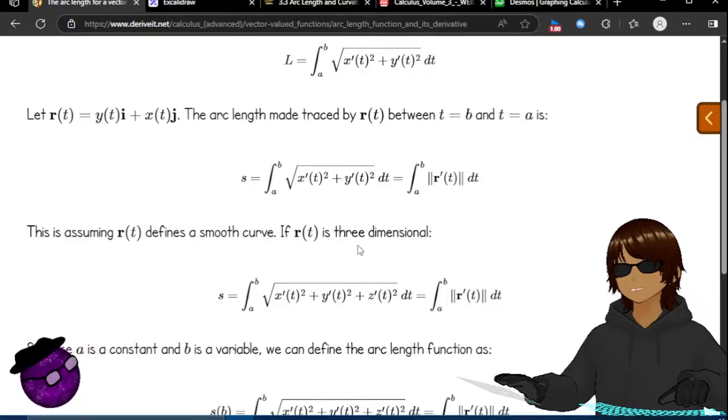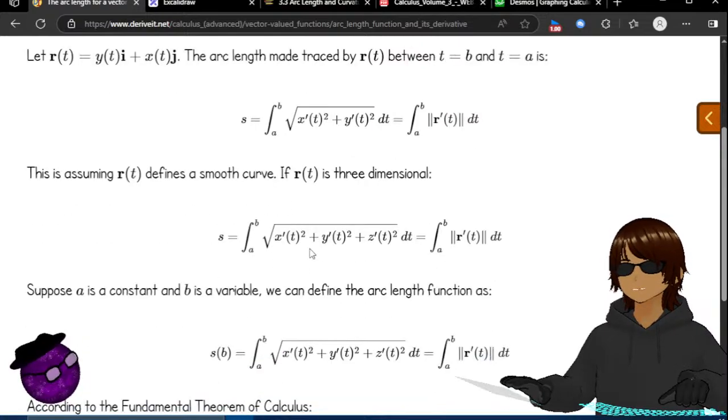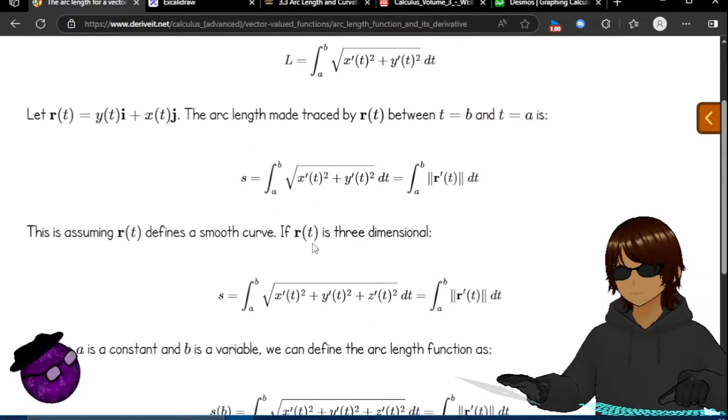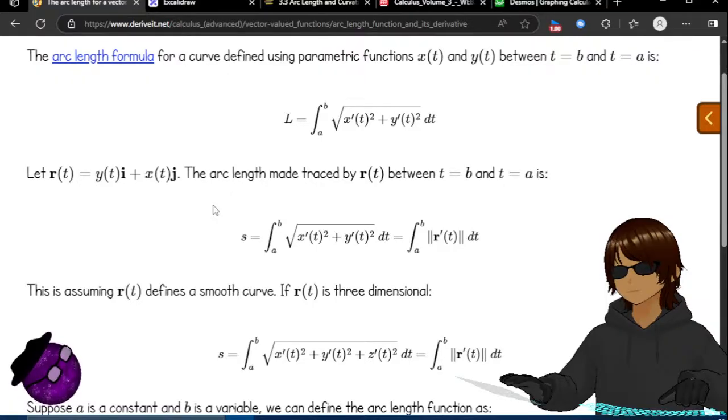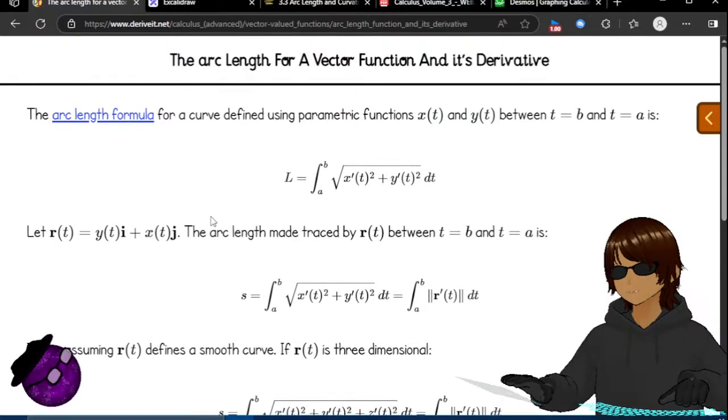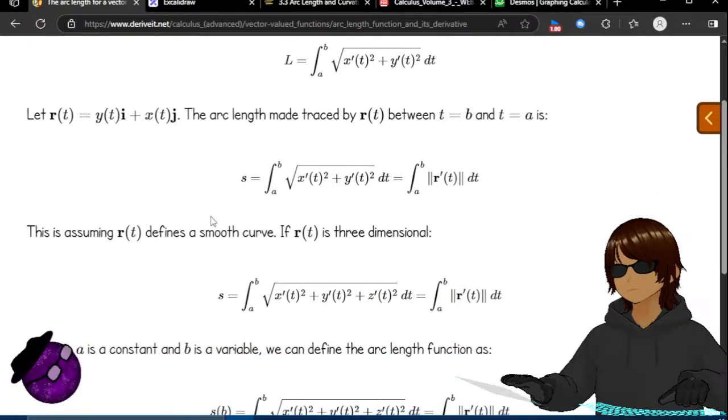If rt is three-dimensional, then we have, it's like the Pythagoras theorem but for derivatives. But there is one thing I don't understand. Okay, never mind.